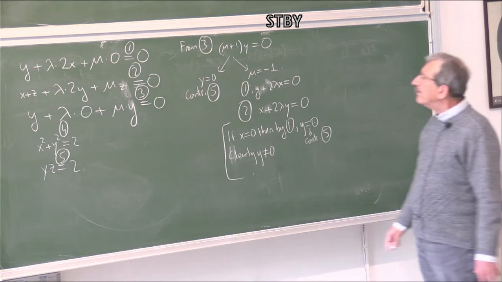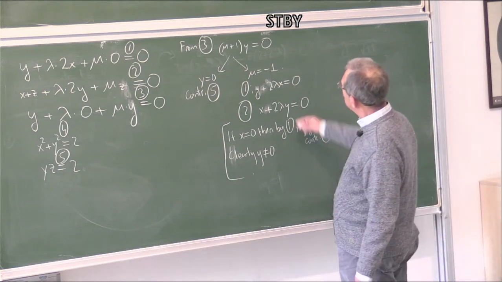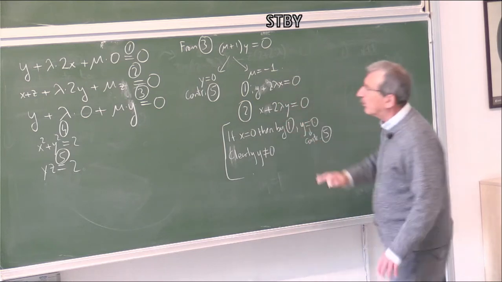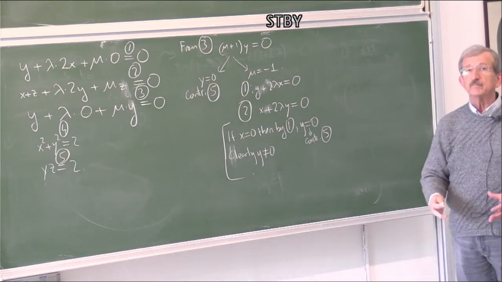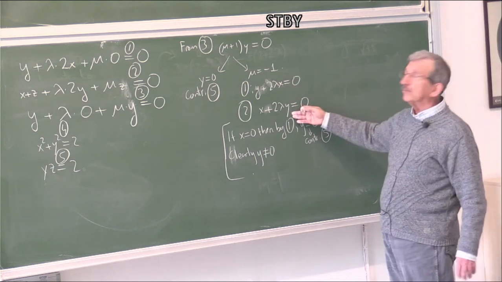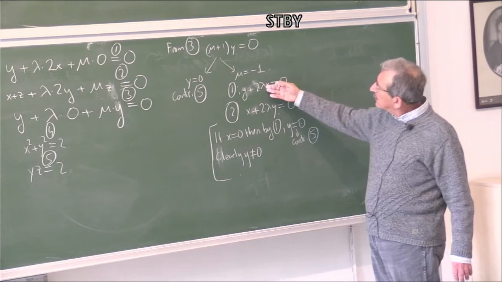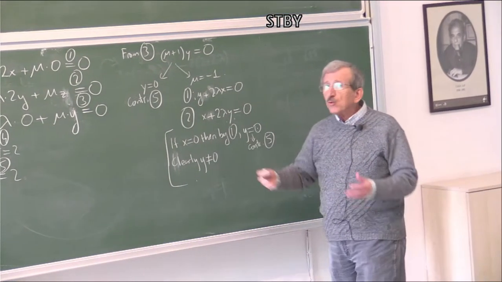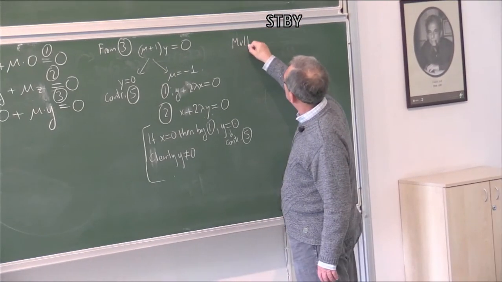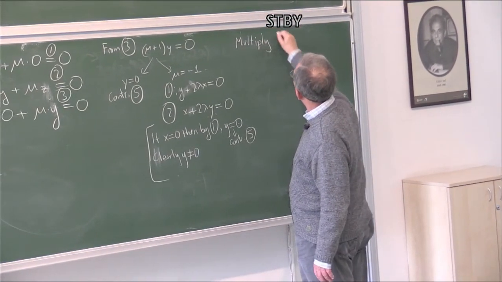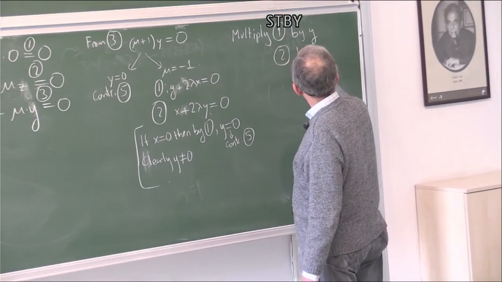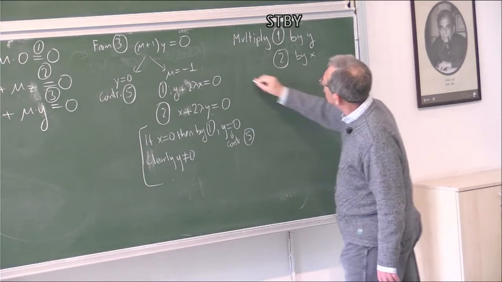If they are not 0, then we can multiply these equations by these constants. Why do we want to do that? Because we want to cancel them out. We want to cancel lambdas out because we don't want to find lambda. So multiply 1 by y, 2 by x, to get symmetry.